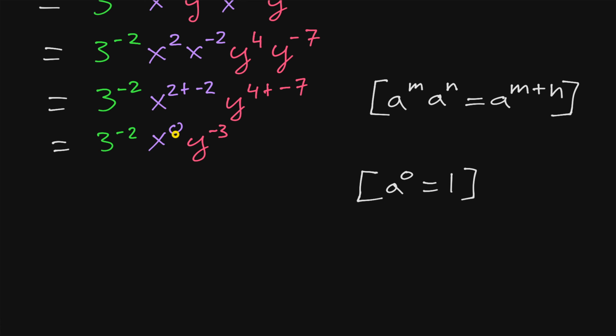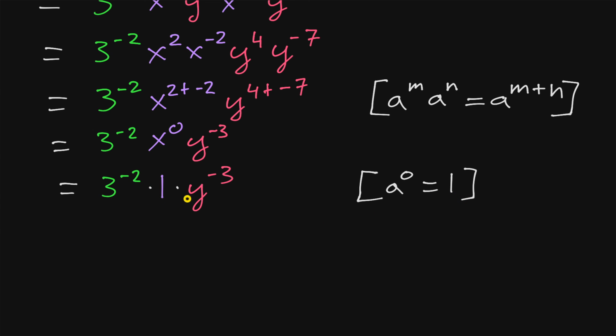So here we have x to the exponent 0, so we can replace this with 1. So here we're going to have 3 to the power of negative 2, and then times this 1 times y to the negative 3, because x to the 0 is equal to 1.